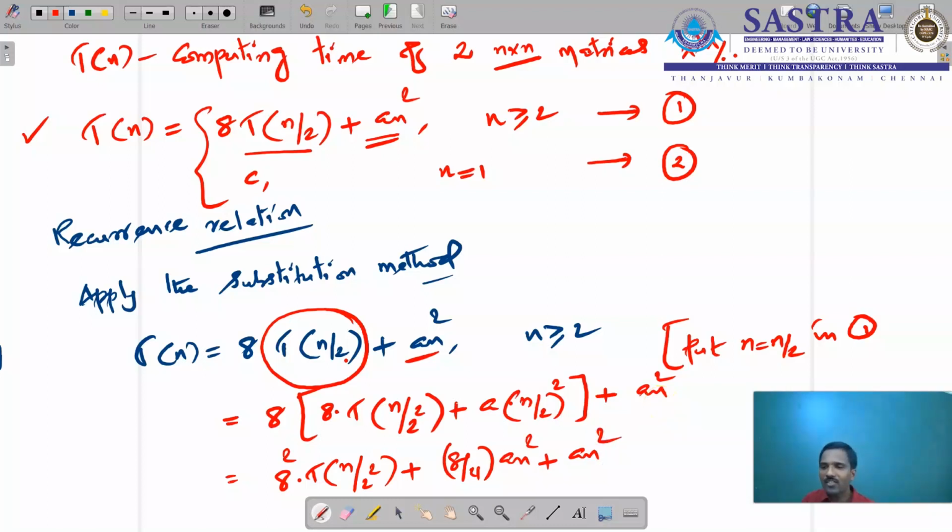Extending the recurrence relation one more stage, let's find the value of T(n/2²). To find T(n/2²), in equation 1, substitute n = n/2².